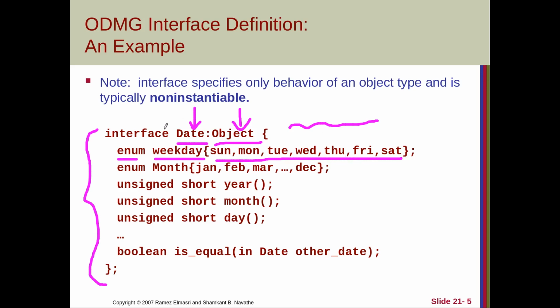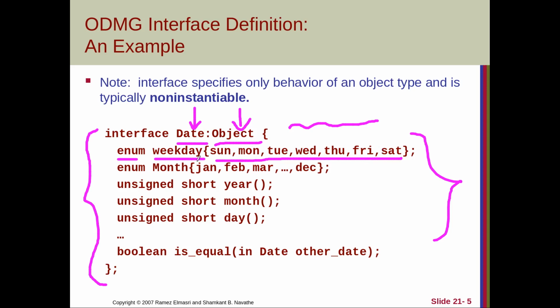We are going to define an interface for representing a date. This is actually an interface which is already available within the object oriented database system, so we are simply showing that definition of date. A weekday will define any of these days, so a date will have any of these days.